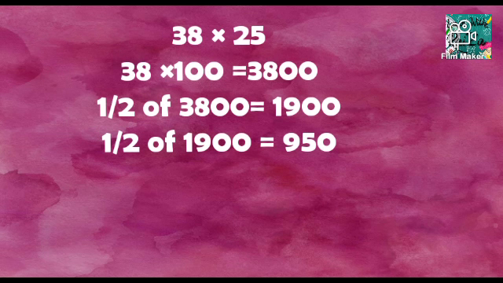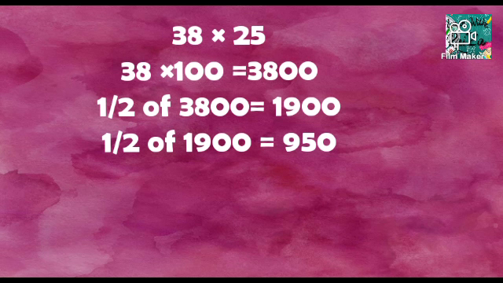So let's consider another example. 38 by 25. They are asking us to multiply 38 by 25. First of all, multiply it by 100. Yes, 38 multiplied by 100 is equal to 3800. We just add two zeros at the end. This is a different method. In here, what we are doing first is taking half of 3800.